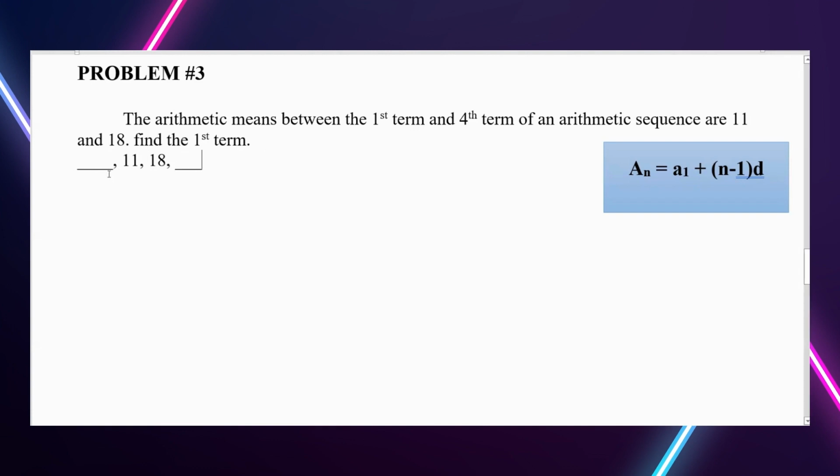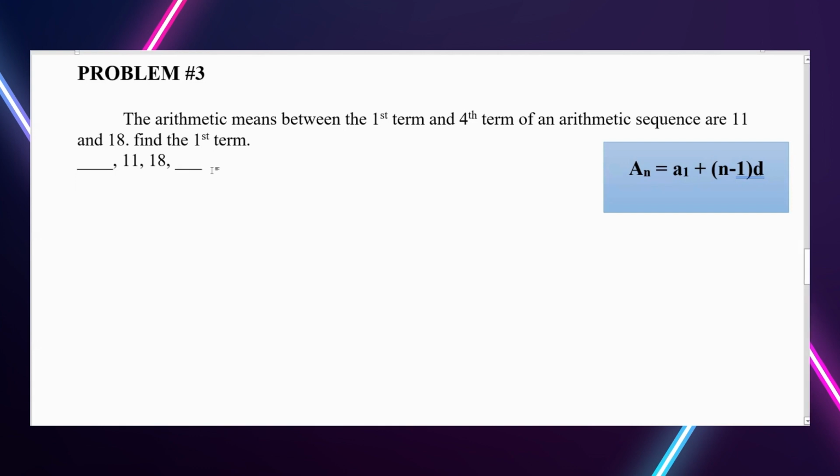The first blank represents the first term. 11 and 18 are the arithmetic means stated in the given problem. And the last blank represents the fourth term of the sequence.